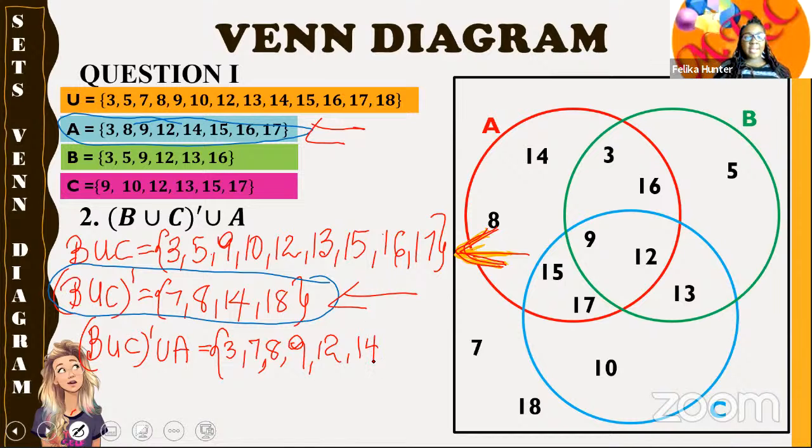Well done, Michaela. Michaela says 14, 15, 16, 17, and 18, and curly bracket.